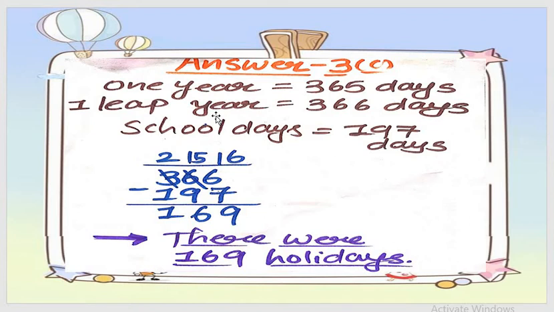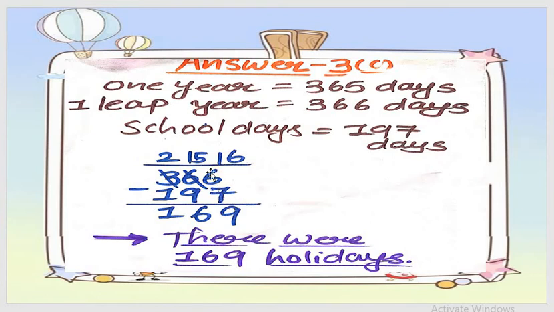So as we know how many days are in one leap year, we can easily solve this question. School days 197. So 366, one leap year, minus school days, and we can easily find the days of holidays. We write 366 minus 197. 6 minus 7, is how many?